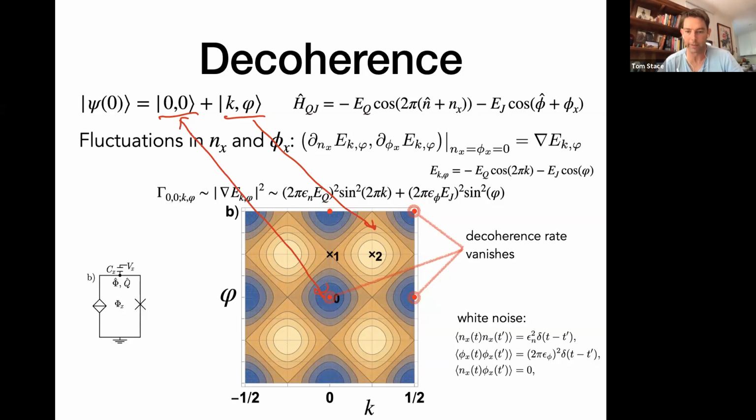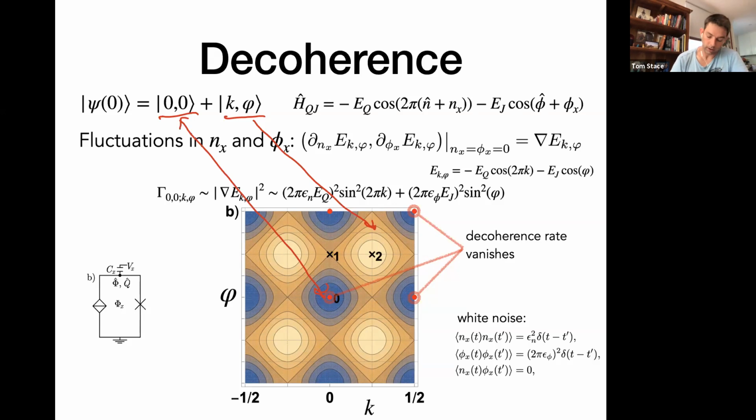They're points where the gradient vanishes even though it's not a local extremum. And so superpositions of the ground state with any of these other three critical states where the gradient of the energy landscape vanishes will have fluctuations in energy that are quadratic functions of charge fluctuations and flux fluctuations. That is, they reject noise at linear order.